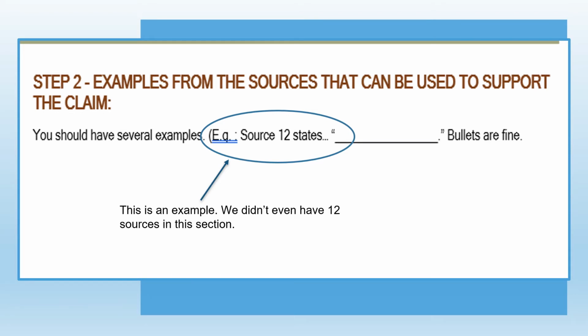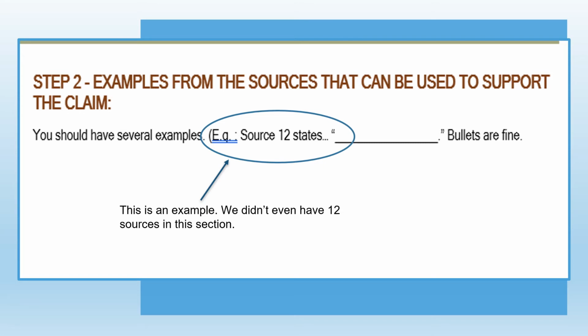Step 2 on your worksheet wants you to give examples from the sources that we used or looked at or reviewed or analyzed or observed in this unit that support the claim, that make the claim sound true. Our claim is on your paper, but it's that the pre-AP World History and Geography map is primarily regionalized to reflect cultural and economic patterns.